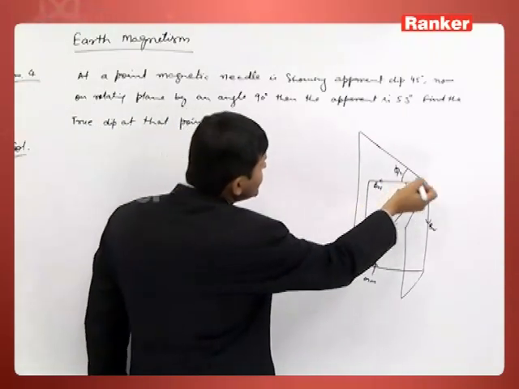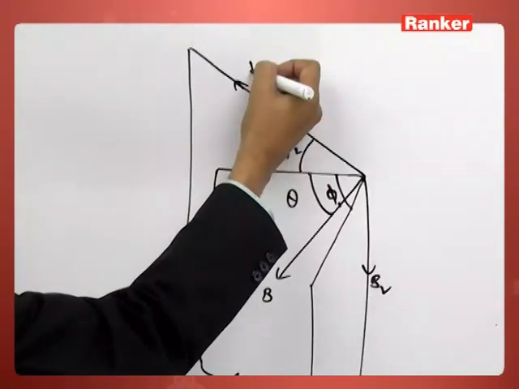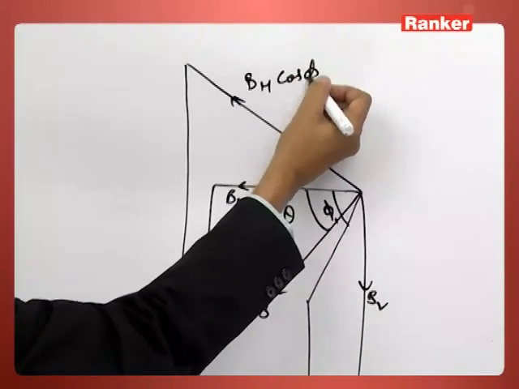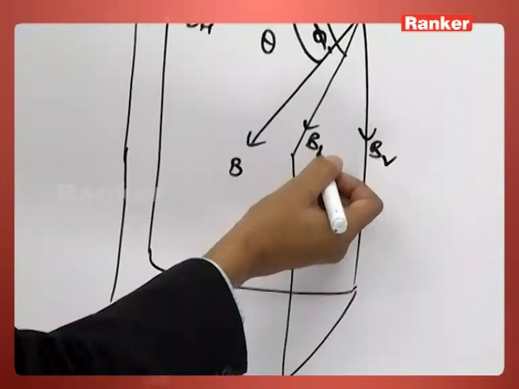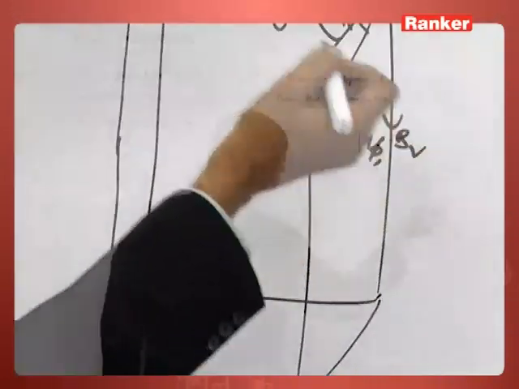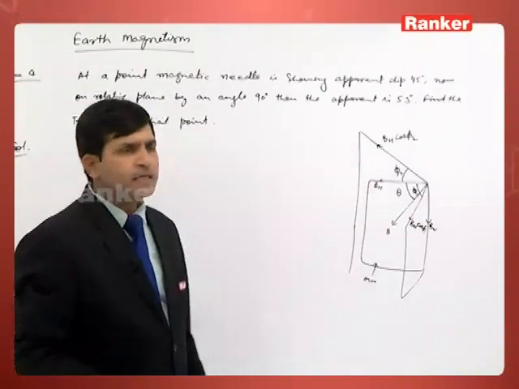So in this direction, the horizontal component of earth field is your BH cos phi 2, and in this direction your BH cos phi 1, but the vertical component will remain the same.